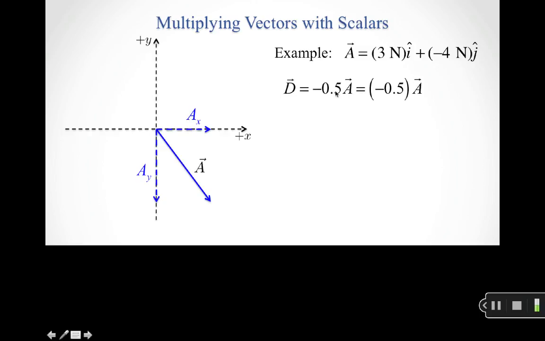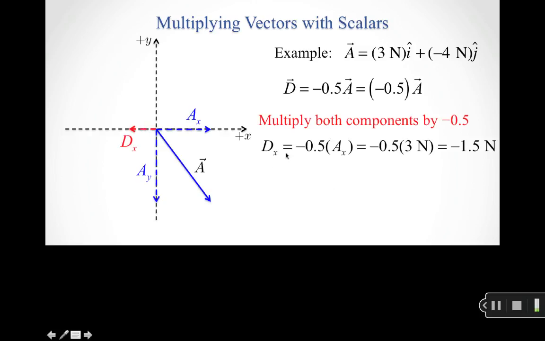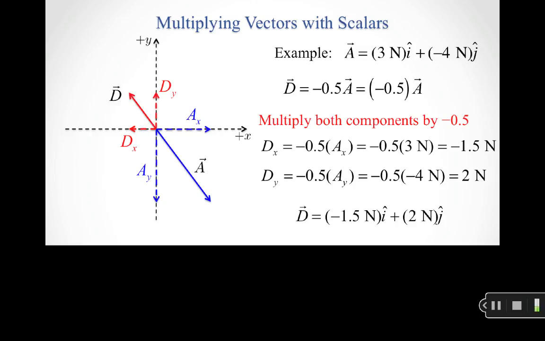Let's create a third vector. Here's vector D. I'll get vector D by multiplying negative 1/2 times vector A. I'll use my rule again. It gives me an x component of vector D equal to negative 1.5 newtons, and a y component of vector D equal to positive 2 newtons.